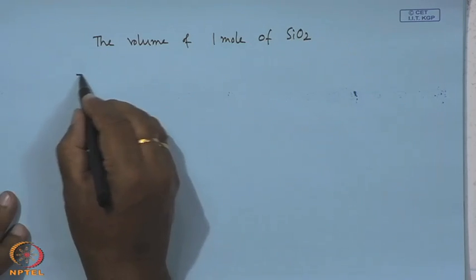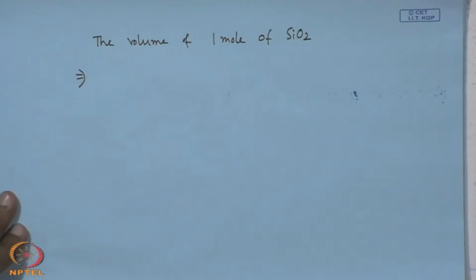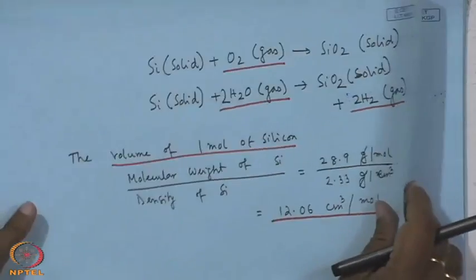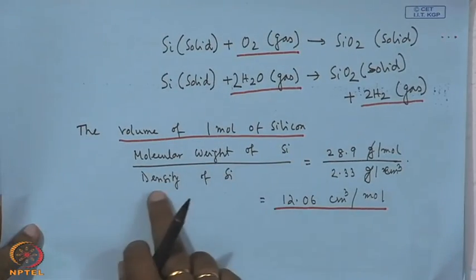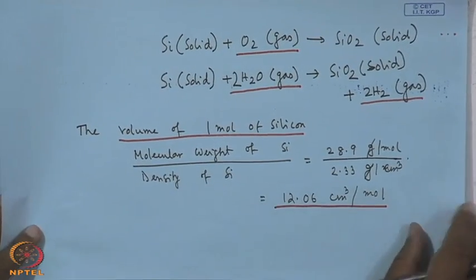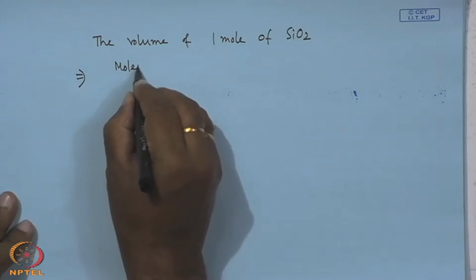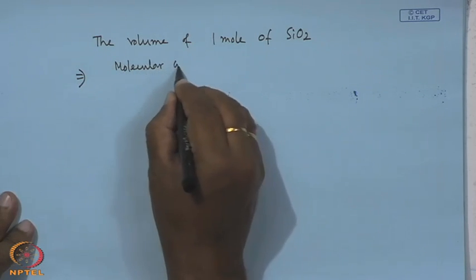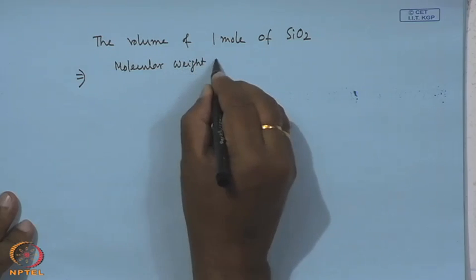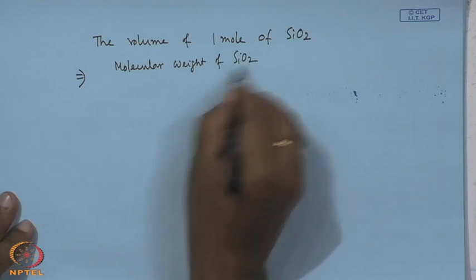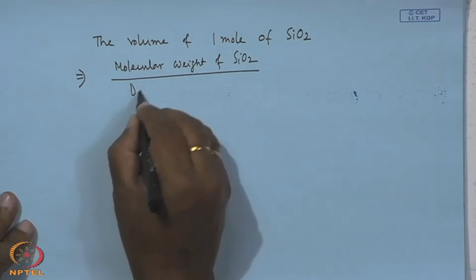Here also we can calculate by the same ratio. Here we have taken the molecular weight of silicon over the density of silicon; here we shall take the molecular weight of SiO2 over the density of SiO2.